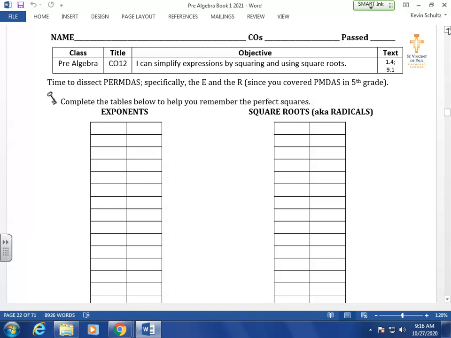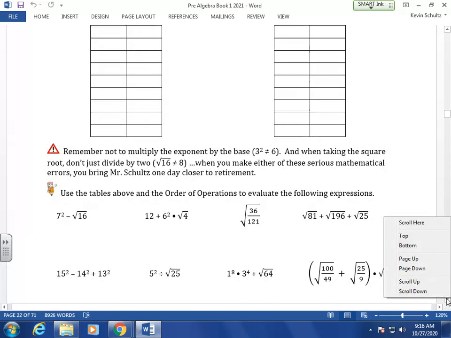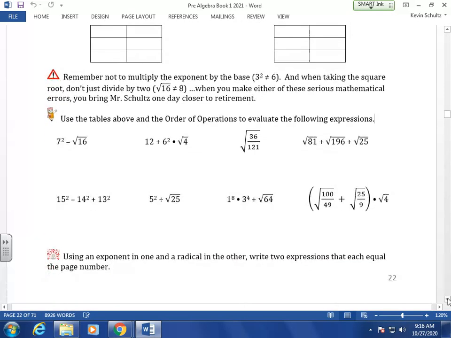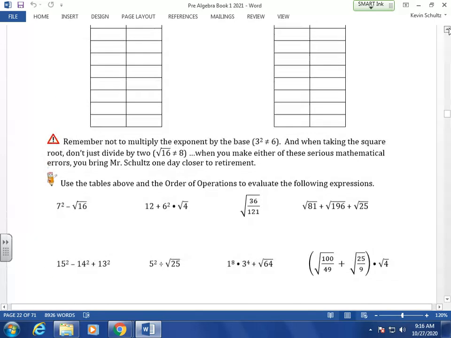Certainly last year in 6th, but your work with radicals is probably the least coverage thus far. So CO12 is dedicated to exponents and radicals, and you see down here you've got some expressions, still following the order of operations, but all of them include an exponent and or radical. And so that's going to be our focus today.